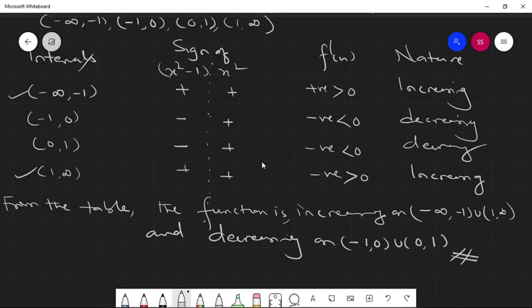In this way, in case of discontinuity points also, we need to check and find the intervals, and we have to find the increasing or decreasing part.